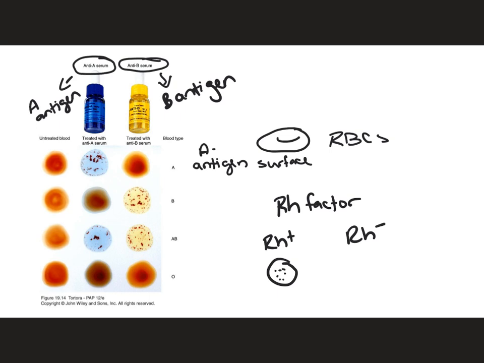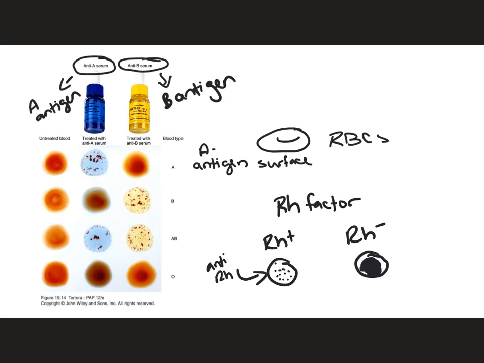It would kind of look like this. When you put the anti-Rh antibody, you would have to use anti-Rh in this case, you would see agglutination. And then in the Rh negative, pretend this looks like the other beautiful blood smears, you would not see agglutination, okay?